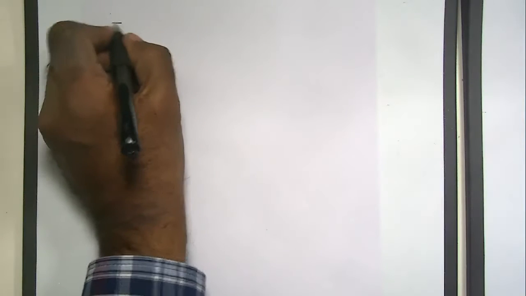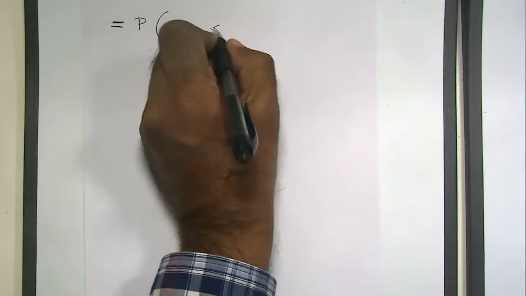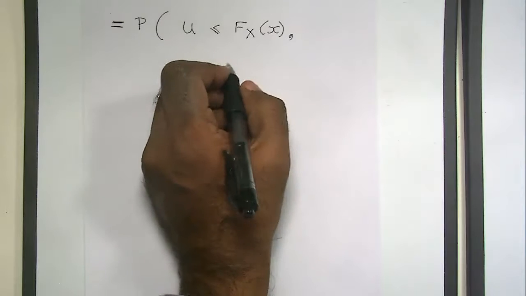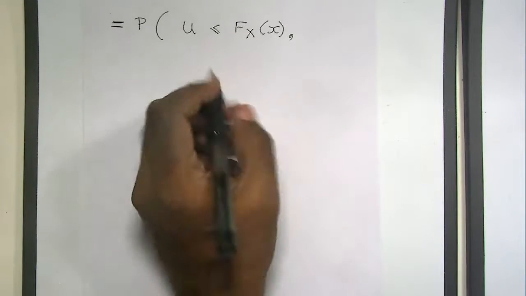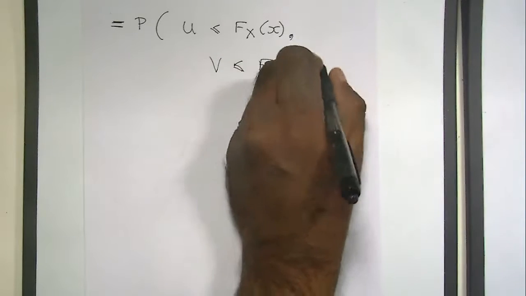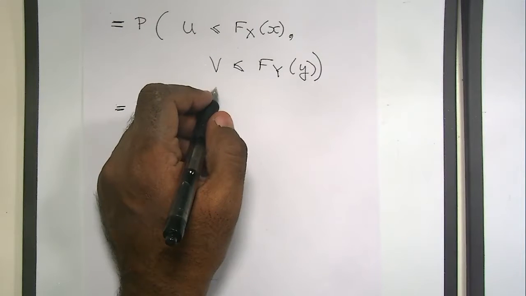Okay. So I'm going to call this U and this V. What you have is the probability that U is less than or equal to F_X(x) and V is less than or equal to F_Y(y), and U and V are uniform random variables, right?